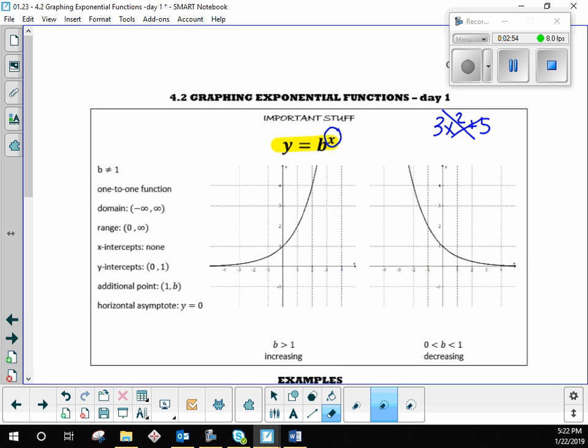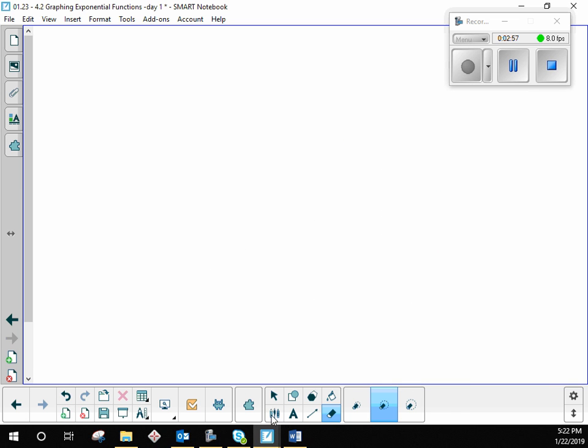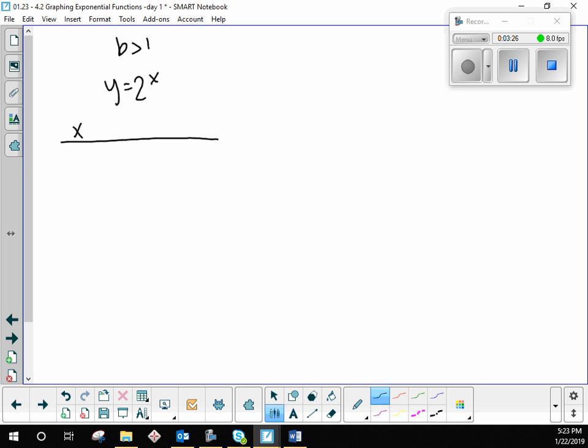On the back of your notes, we're going to look at the function y equals 2 to the x. This is an example of b greater than 1. I want us to generate some points, so give yourself a table, and we're going to see what happens for these values of x.